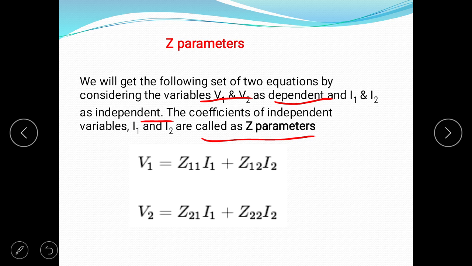Means simply V1 is equal to Z11 I1 plus Z12 I2 and V2 is equal to Z21 I1 plus Z22 I2.